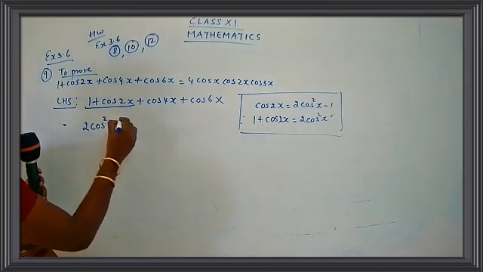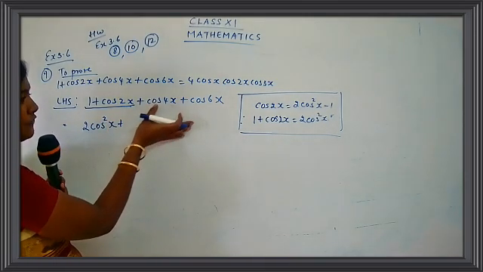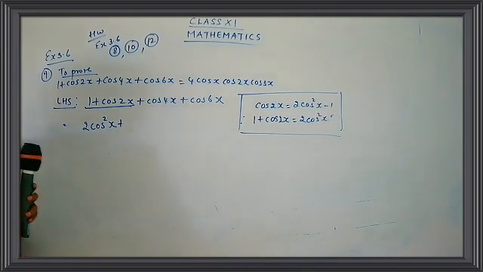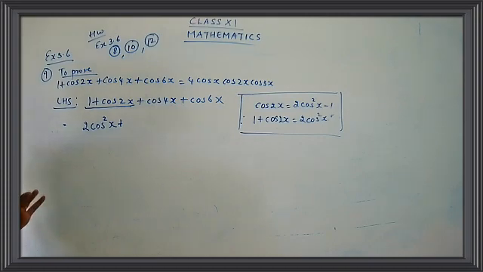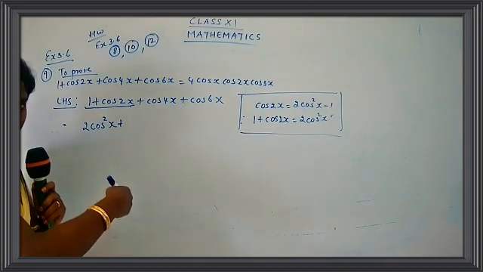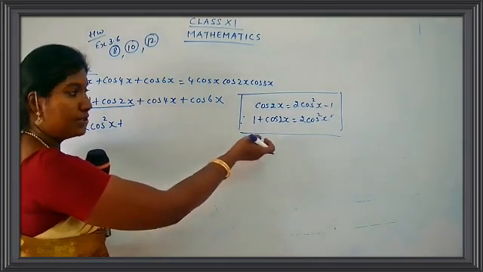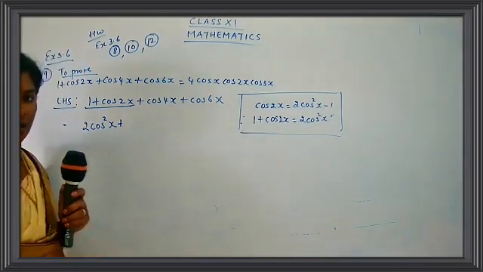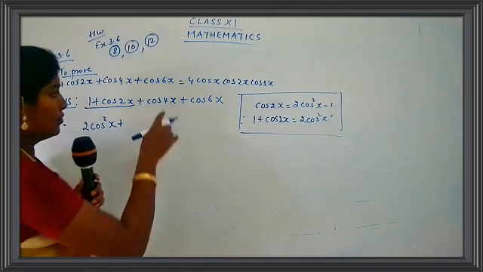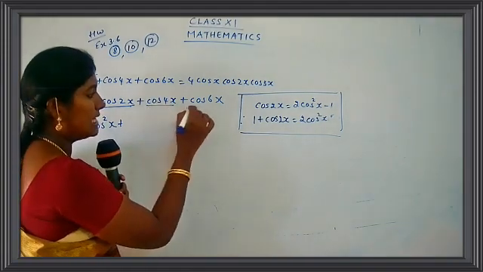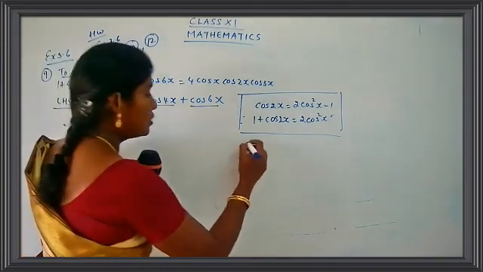Okay, now coming to the next part. Now we have cos 4x plus cos 6x. So we are just going to apply the formula for cos c plus cos d. Before you apply the formula, try to write the formulas over here so that it will be easy for us to use the formula and get the answer. Mention the formula here, children.